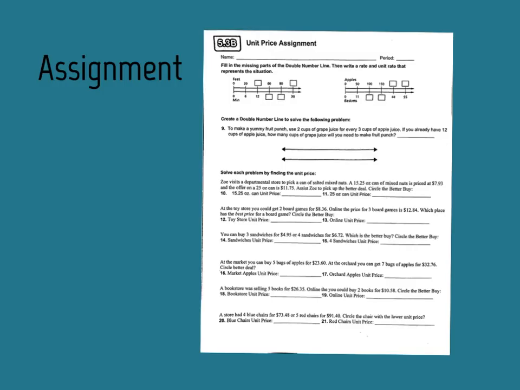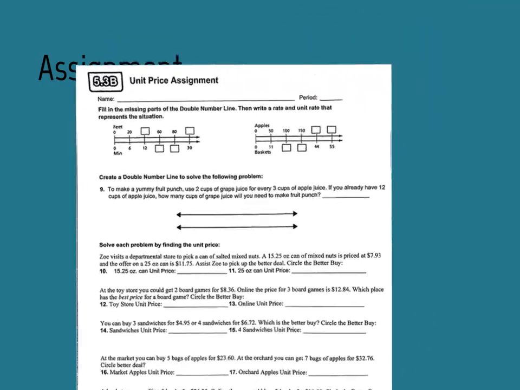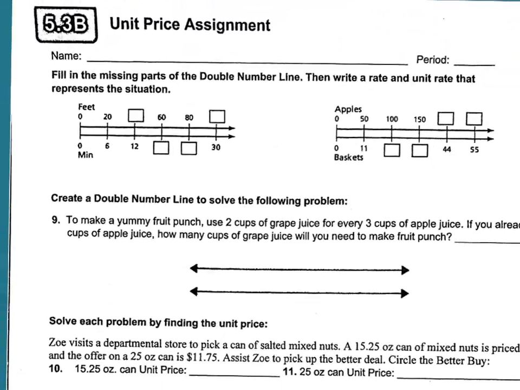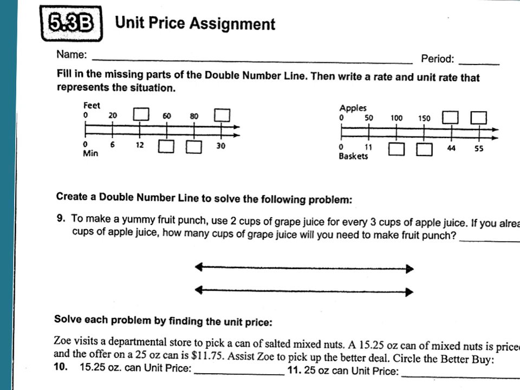All right, I was looking at this assignment here, and there's a couple of things on it that I do want you to be aware of. This double number line thing here. Now, if you think about a double number line, maybe if I do this, it'll make you feel a little bit better, because it's just a ratio table.